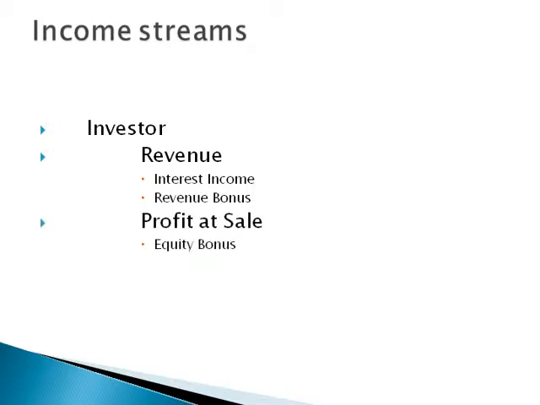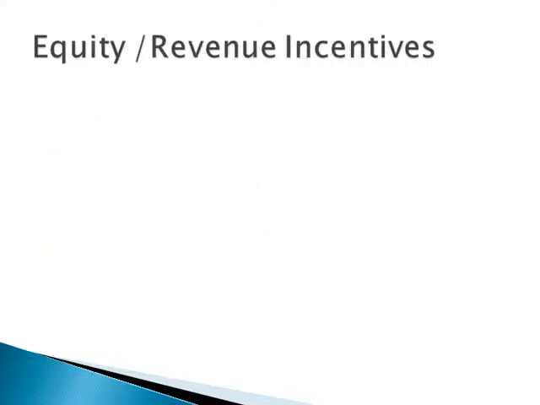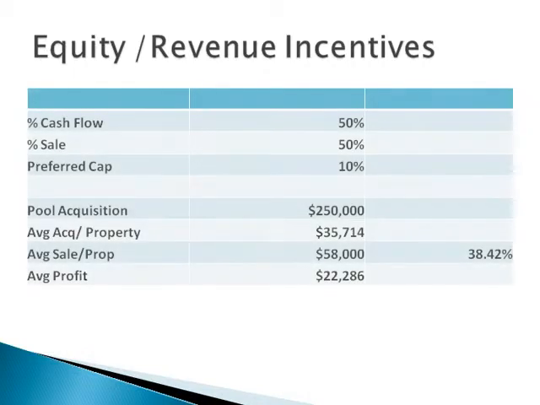Then there's also the profit at sale, which I would call the equity bonus. When the house sells, ordinarily there's some sort of split between the pool and the investors. Like in our pool, something that I think is kind of conservative is you split stuff 50-50.